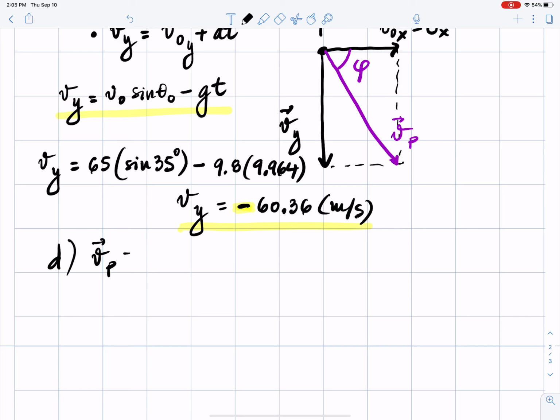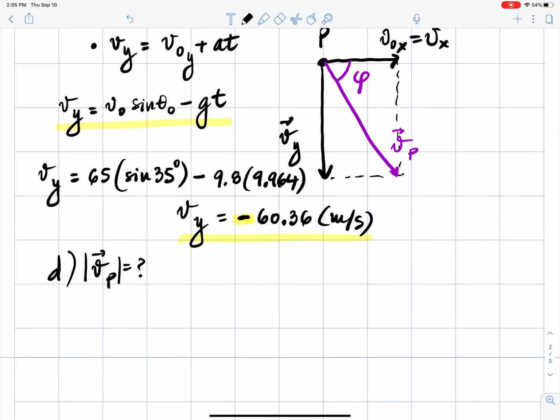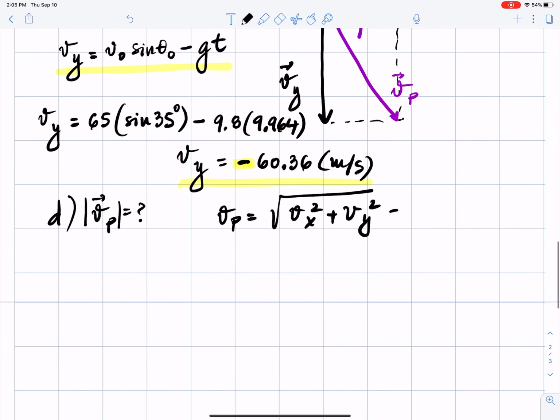They ask you the magnitude of it, which is a resultant vector of the two components right there. Essentially, it's like calculating the distance formula. So the vector VP will be the square root of Vx squared plus Vy squared. We already have both of these components, so by plugging in our numbers, we get the square root of 53.24 squared plus negative 60.36 squared.